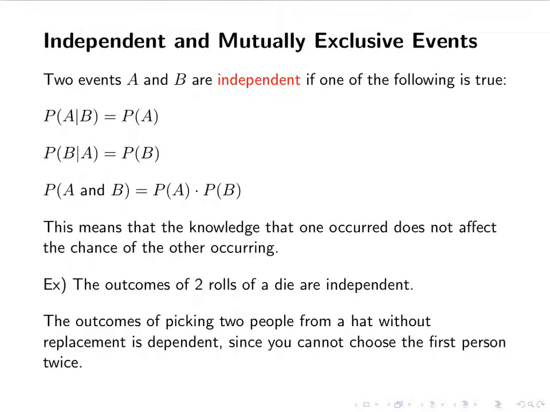Before I chose it, say there were 10 names in a hat, the probability of choosing person A would be 1 in 10. But if I chose person A, now the probability of choosing person A for my second one is 0 because it's no longer in the hat. So the chances do change if I don't replace the name. If I do put the name back in, the events are now independent.